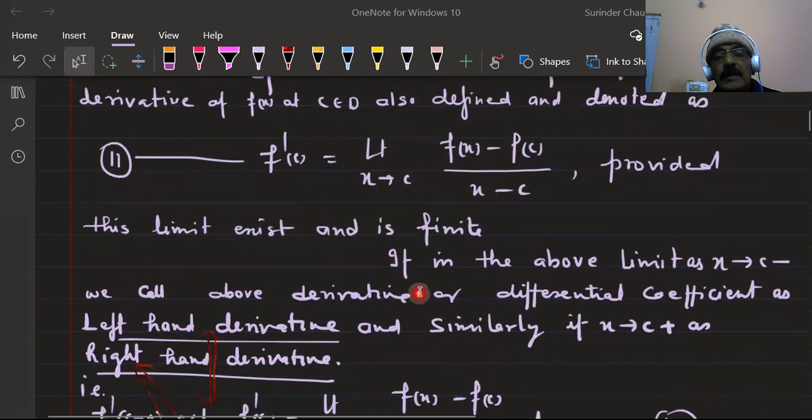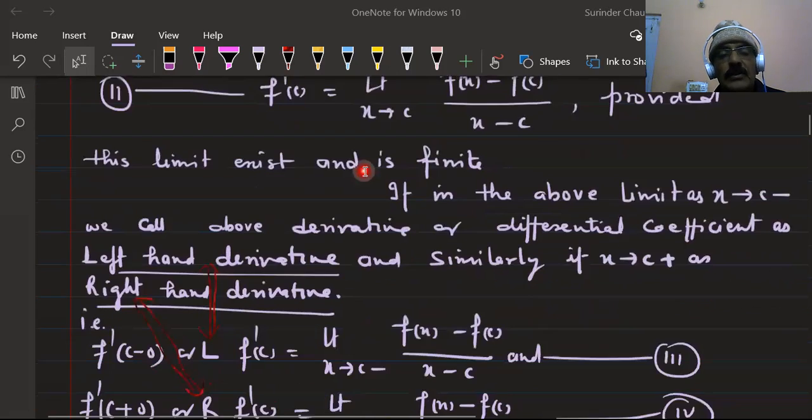If in the above limit x approaches c from the negative side, this is called the left hand derivative at x equal to c. And if x approaches c from the positive side, then we say right hand derivative of f(x) at c.